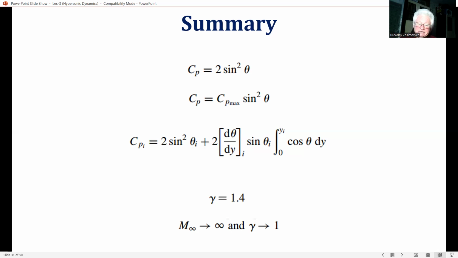And next, sixth, the shock expansion method, where the pressure distribution downstream of the attached shock wave on a two- or three-dimensional body is assumed to be given by a local Prandtl-Meyer expansion.